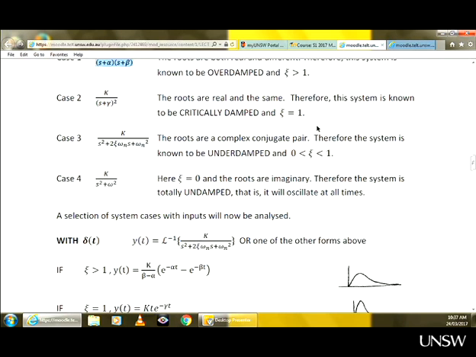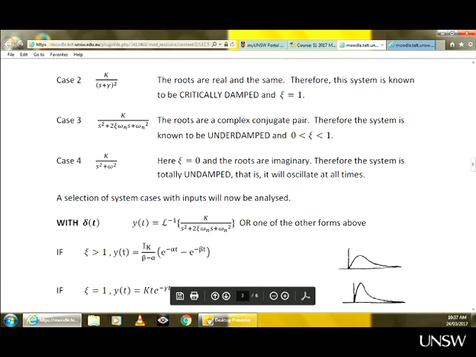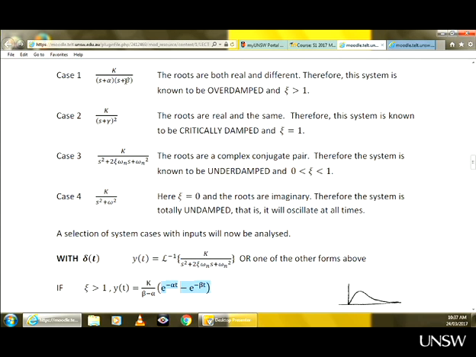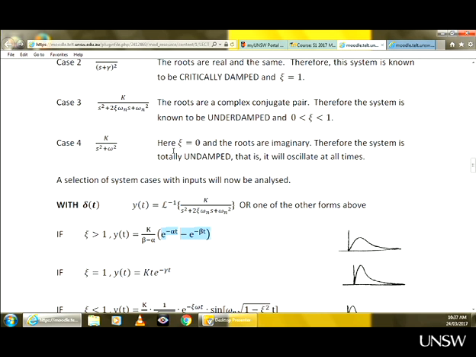So the output will be equal to a constant times a difference of 2 exponential terms. Those exponential terms correspond to the roots of the denominator, alpha and beta. They are both decaying. They both have negative arguments. So the function will look like this.